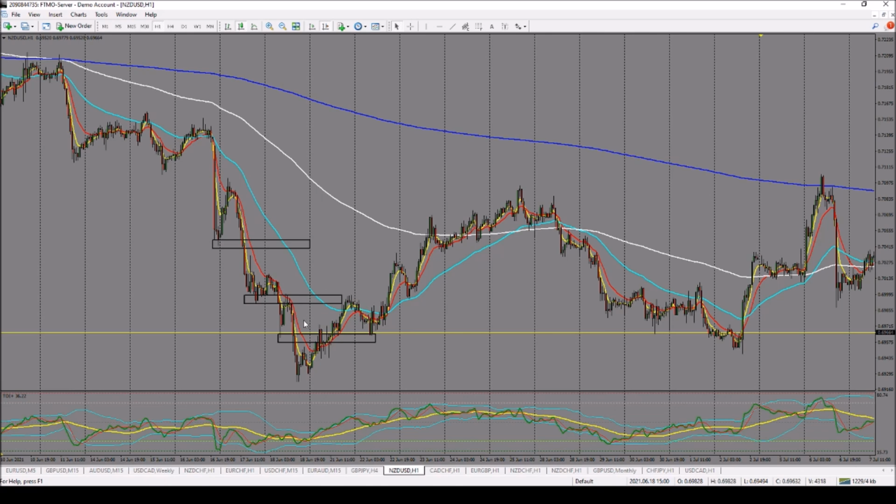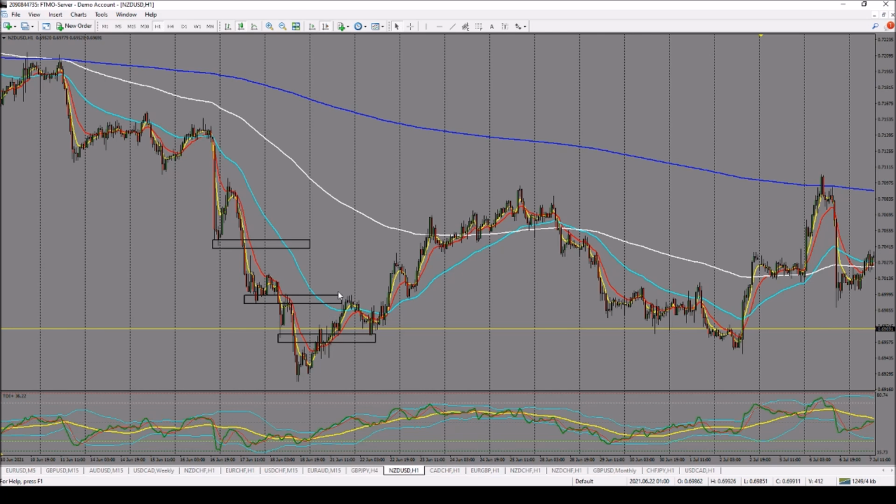As you can see, as we go up from this point, the market has reversed. What we are now interested in is seeing the market break those order blocks. From this point, we broke this order block, and after we broke it, we came back to retest that same order block.